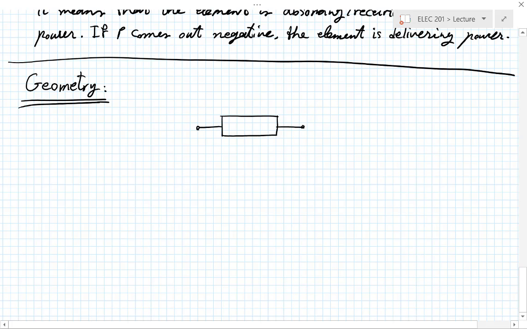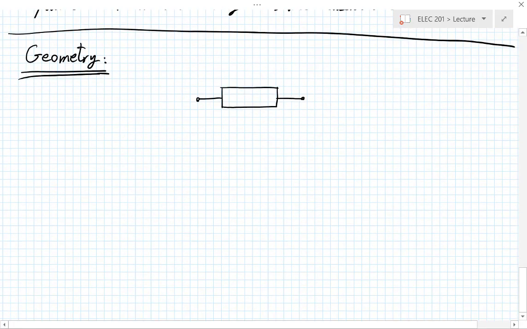Does every circuit element need to have only two terminals? If you've seen a transistor, you've seen that it has at least three terminals. Okay, so there's no emphasis on having only two terminals. This is the simplest example.